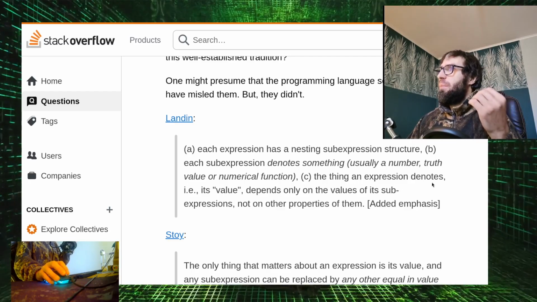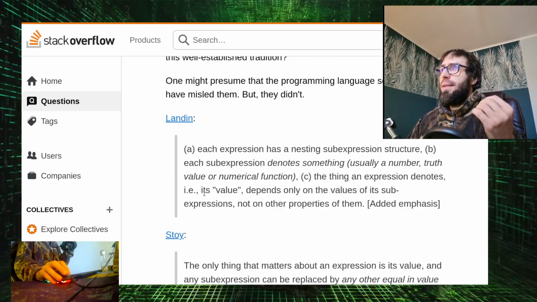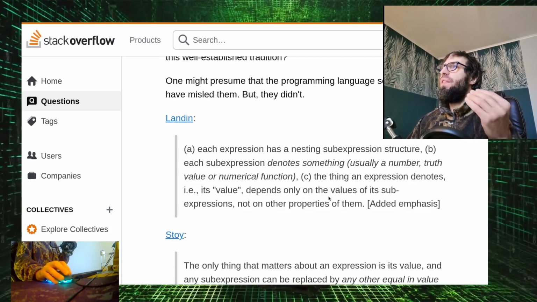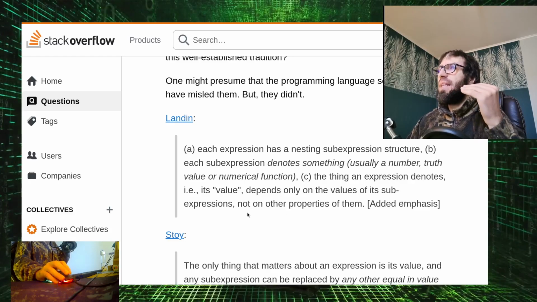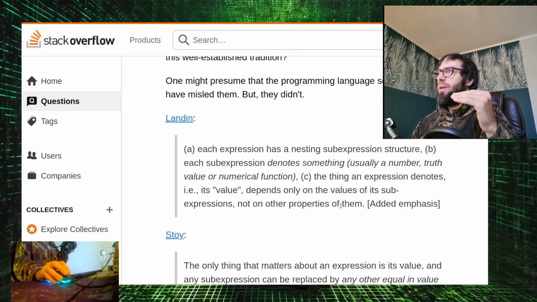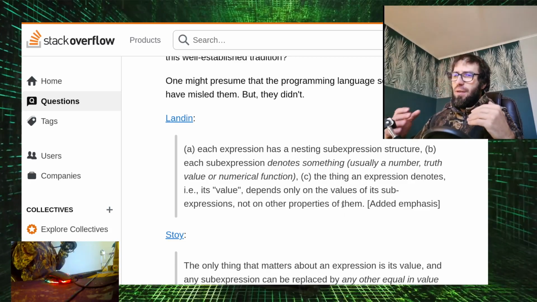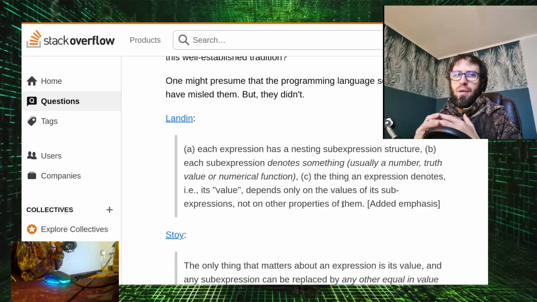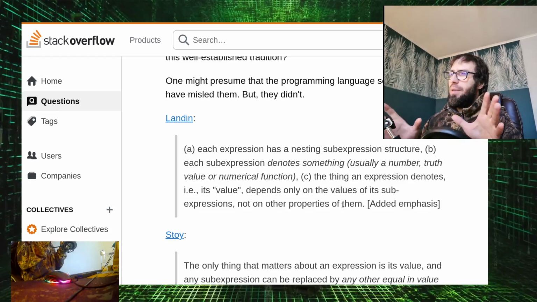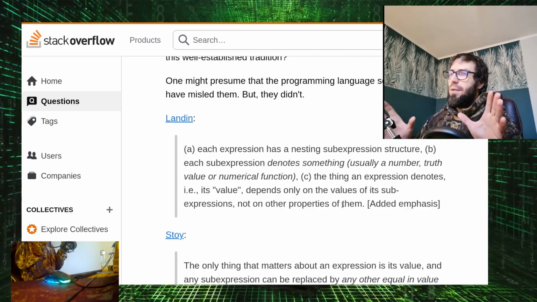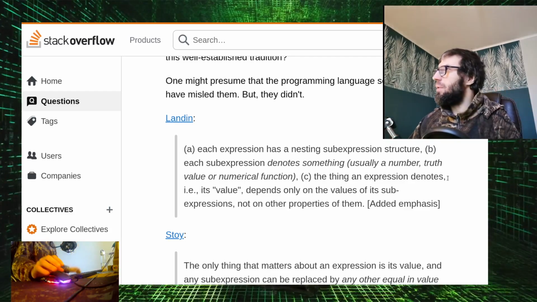The thing an expression denotes, its value, depends only on the values of its sub-expressions, not on other properties of them, such as their representation.